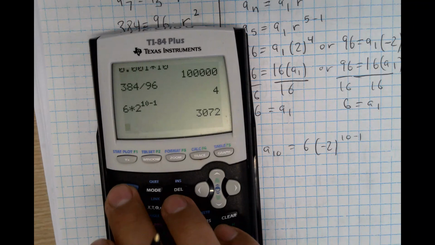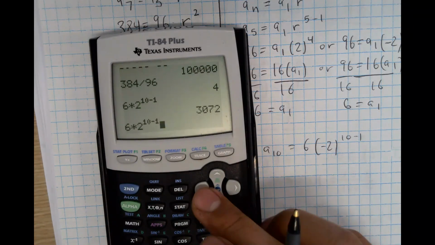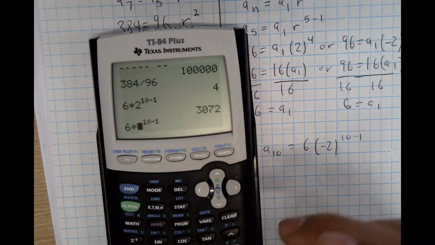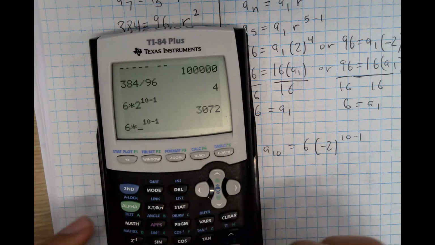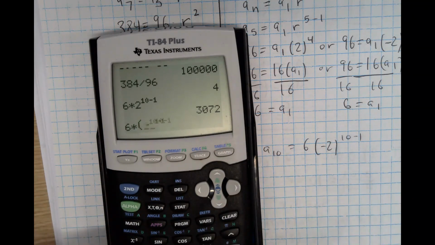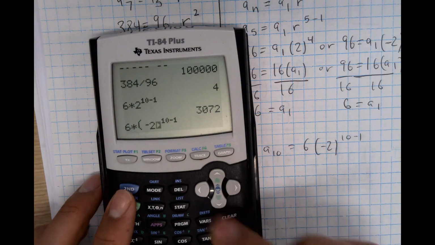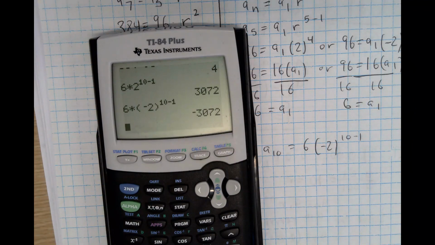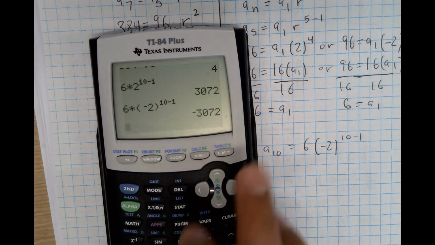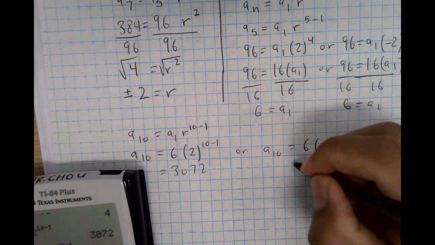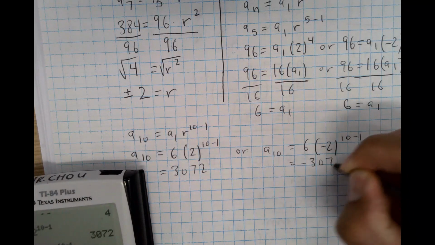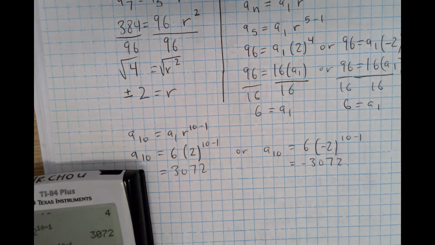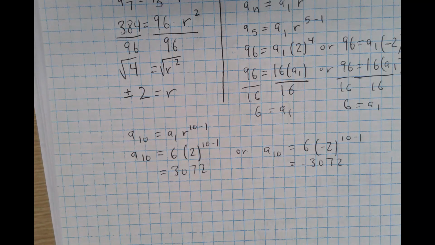And you could just do the same thing for your other one, except this time you want to be a little more careful here. You want to insert some parentheses, and you would get this. So you plug it in, and you can see that the difference here would be negative 3072. So that would be the two different answers.